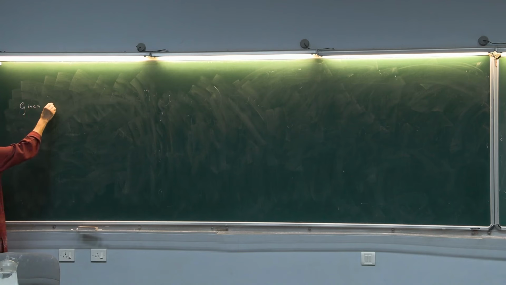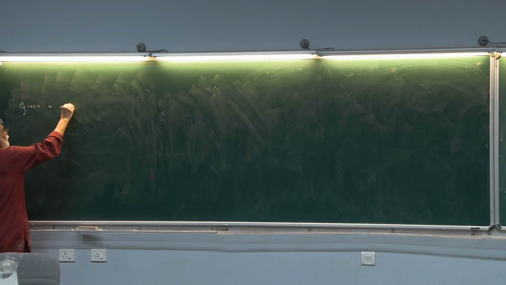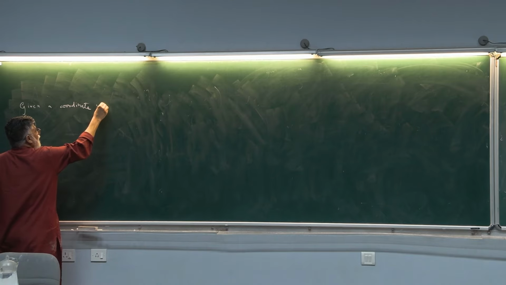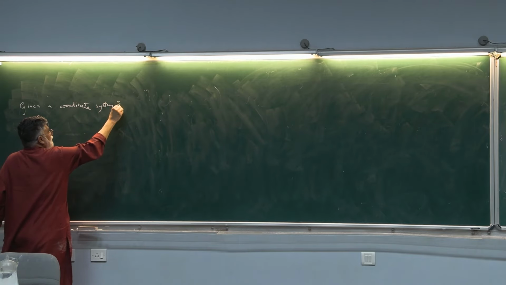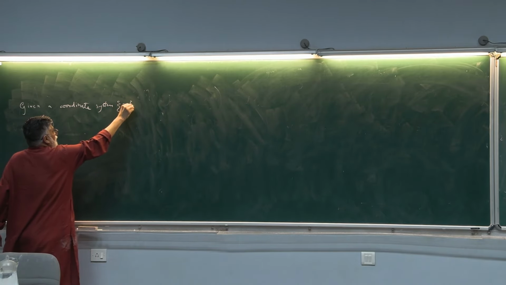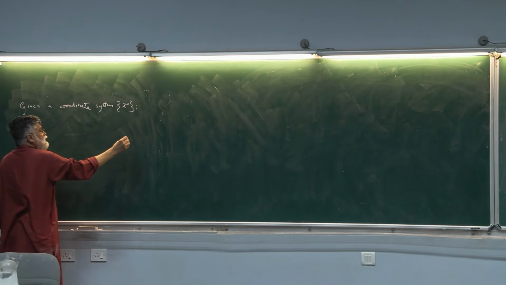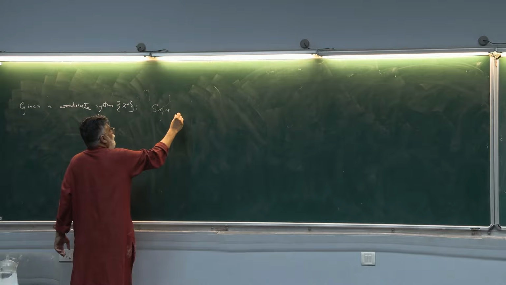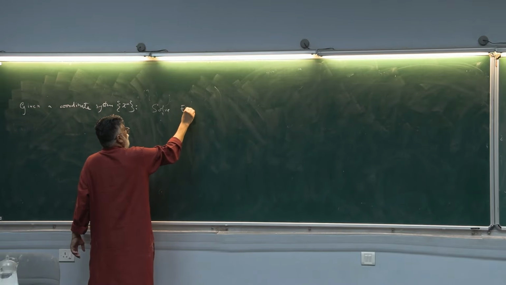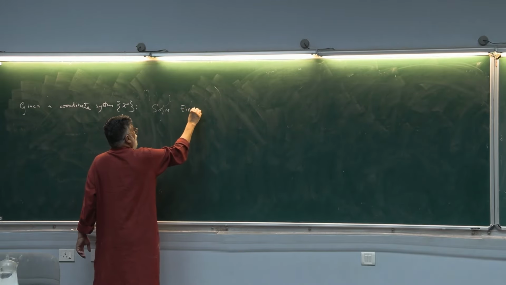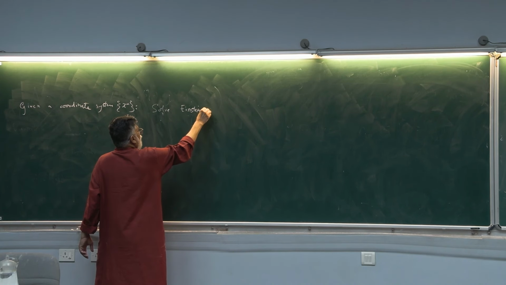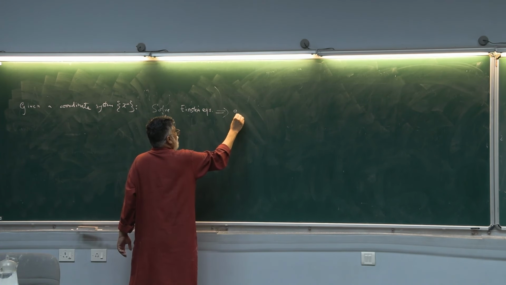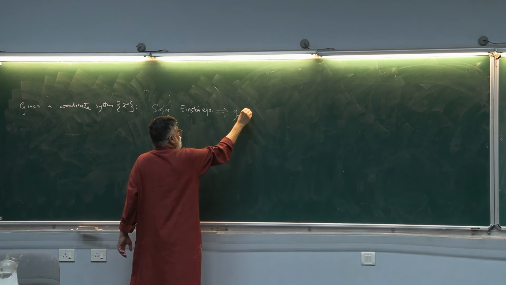So you have chosen a coordinate system, your curvilinear coordinate system x mu, and you solve the Einstein equation, which will give you the metric tensor everywhere for all times.